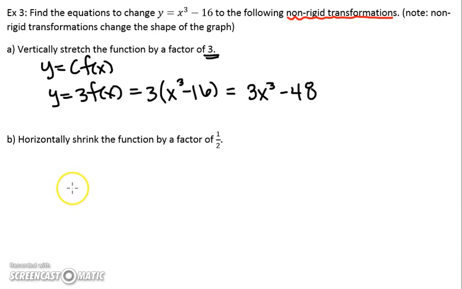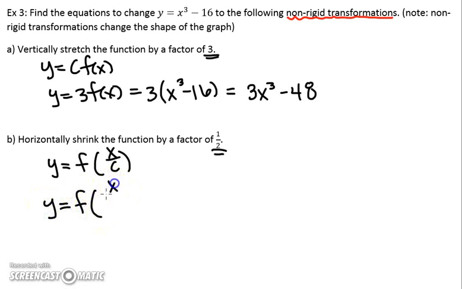And then for part B, we want a horizontal shrink of factor 1/2. So if we look back, a horizontal shrink is going to be y equals f of x over c. And we want a shrink, so c has to be greater or less than 1, c is less than 1. So in this case, we're looking at y equals f of x divided by 1/2, which is really f of 2x.